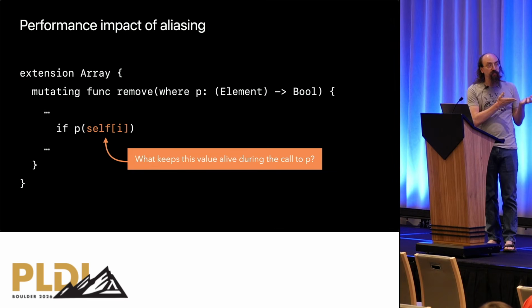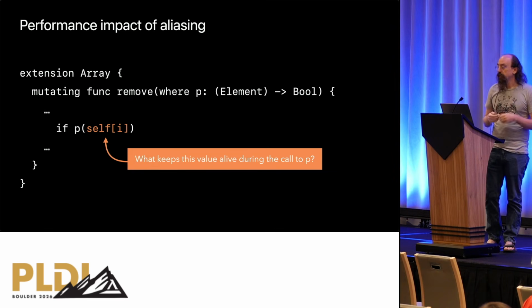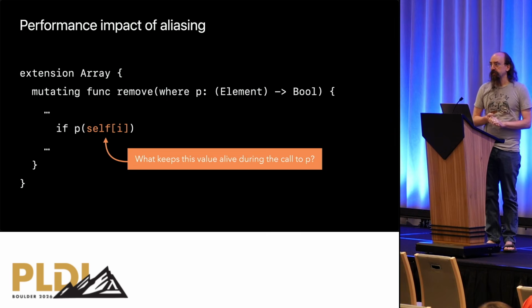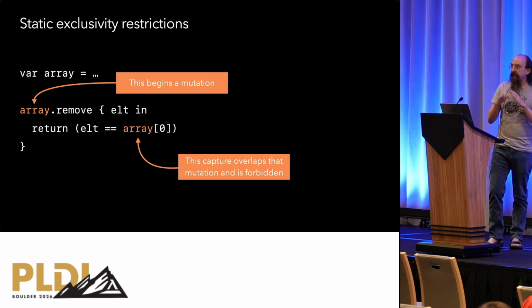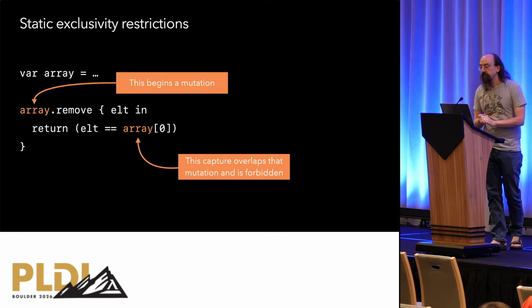So the only safe option if I have this aliasing would be to copy the element before I make this call. As a result, that doesn't really work with the kind of low-level performance that we want to be able to support for low-level programming or just in general.